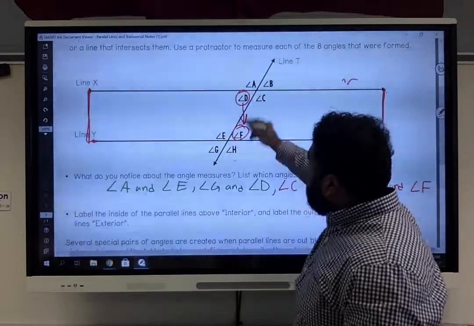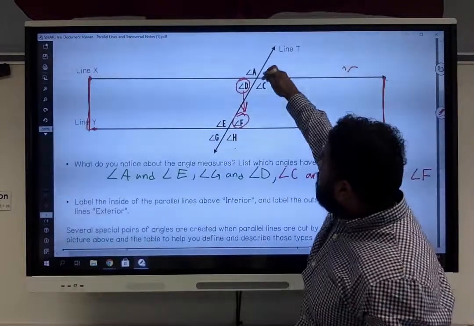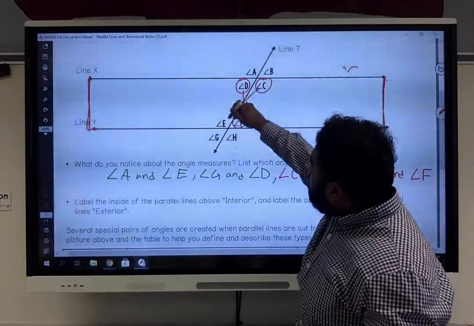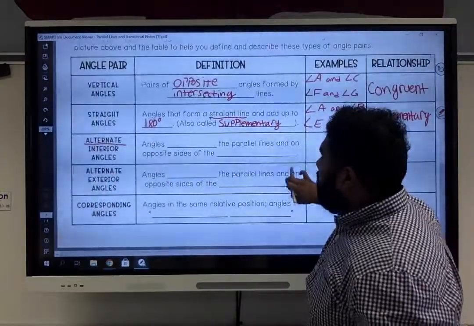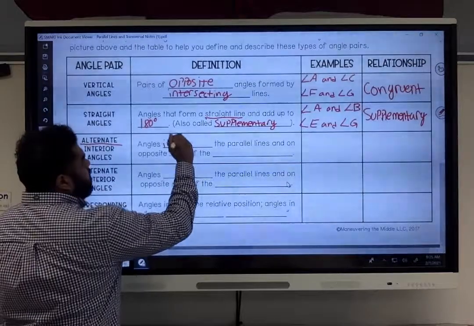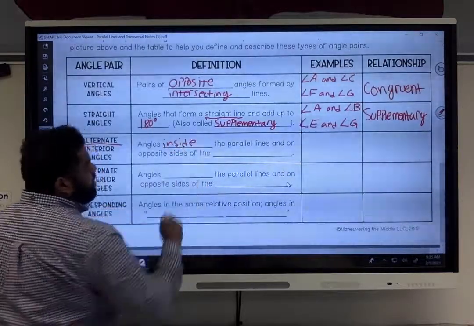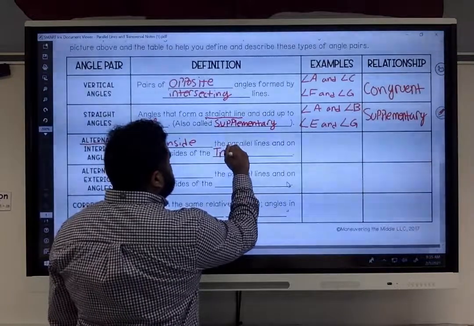They're getting cut by that transversal, okay? So D and F, and then the other one, C and E. All right? So we have alternate interior angles: angles inside the parallel lines and on the opposite sides of the transversal.